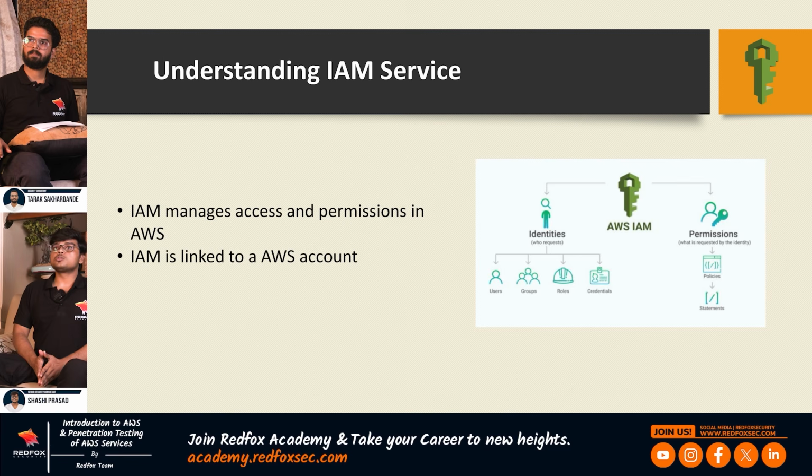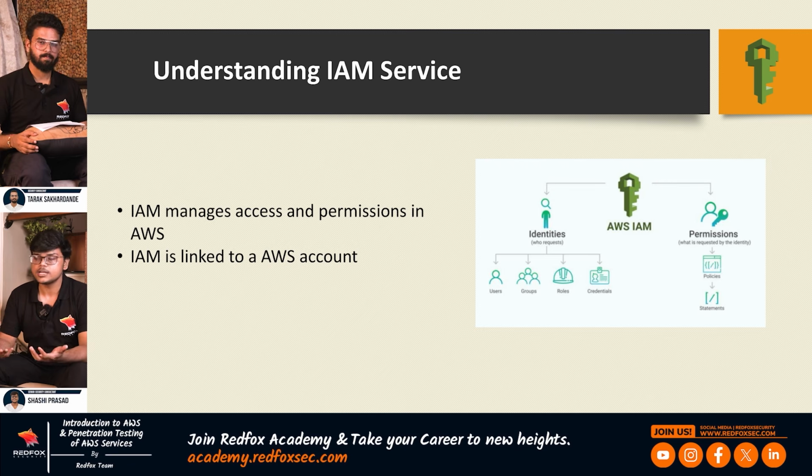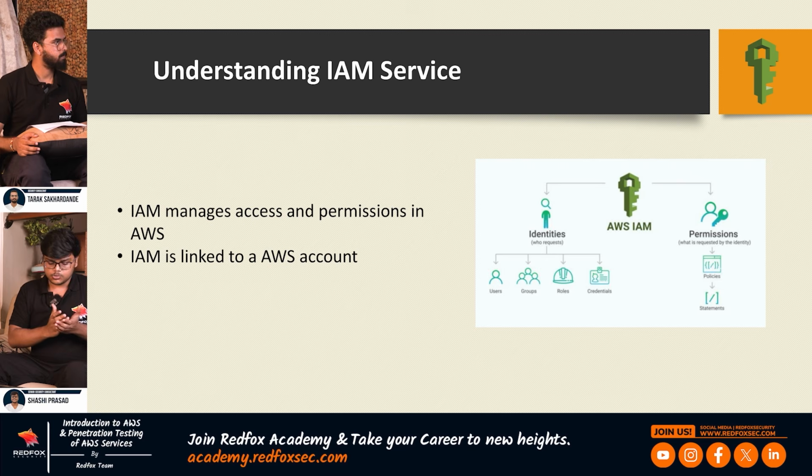Now let's talk about the most important service offered by AWS, which is the Identity and Access Management service. This is a service which manages access and permissions in AWS. Whenever you create an AWS account, the IAM service is created and linked to your account.